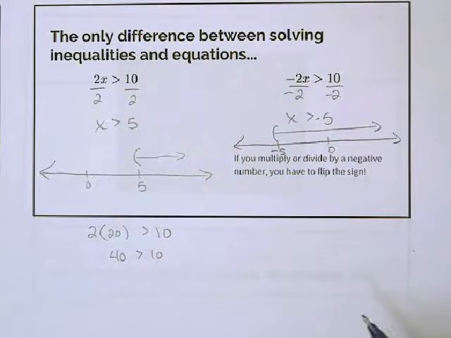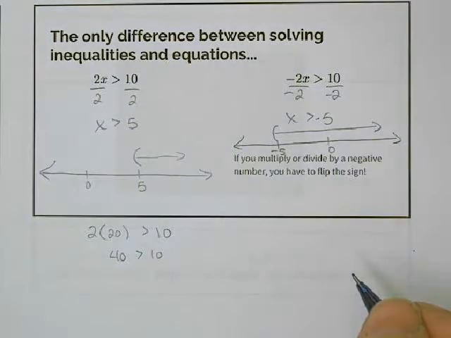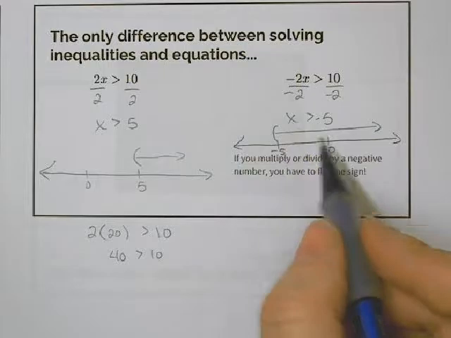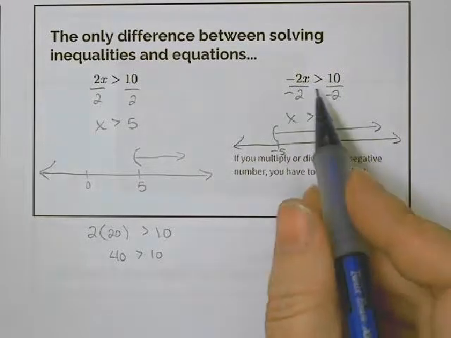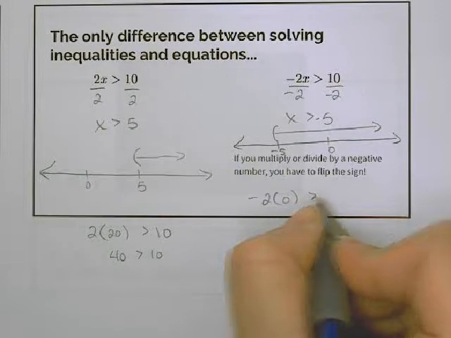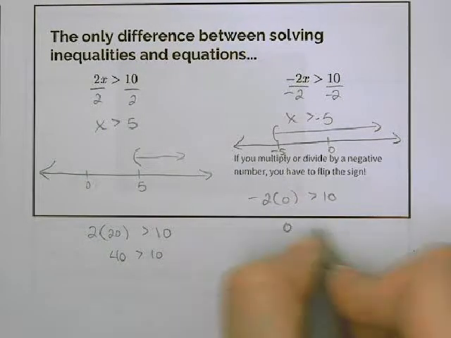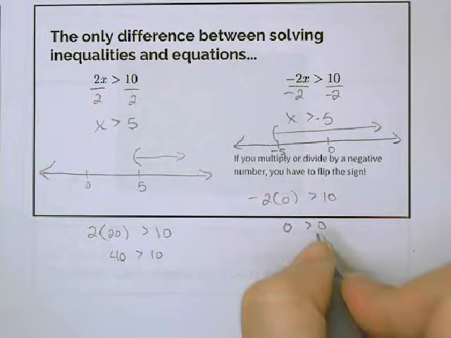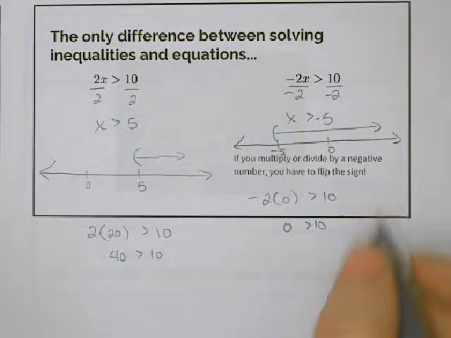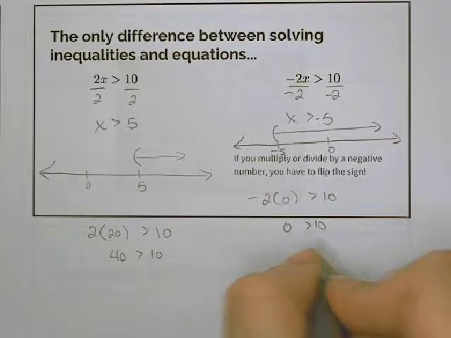Something is amiss, because if I take 0, which is greater than negative 5, and I put it in for my equation, so negative 2 times 0 is greater than 10, then I get 0 is greater than 10. Whoops. And that's not true. 0 is actually less than 10. So this is not correct.